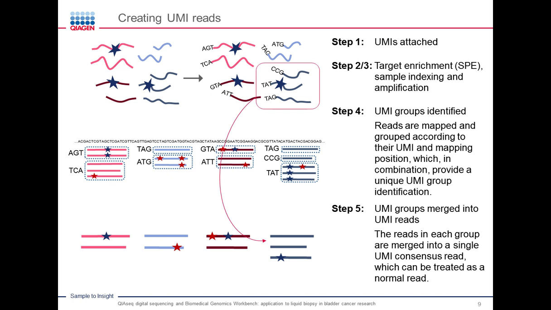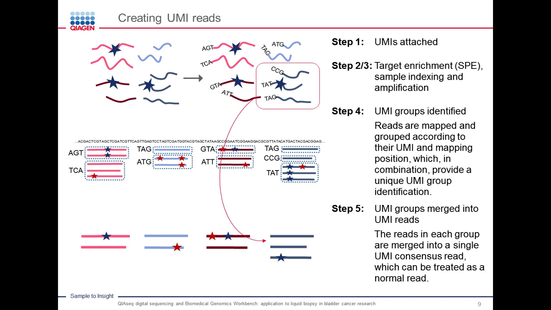So these UMIs are unique molecular barcodes that are attached to your reads before the target enrichment, the sample indexing, and the amplifications. This allows, when you sequence your data, to identify UMI groups, to map reads according to their position, and then group them according to their barcode.